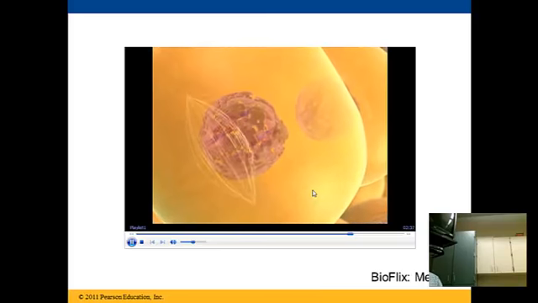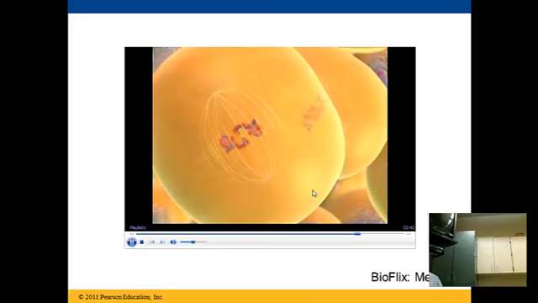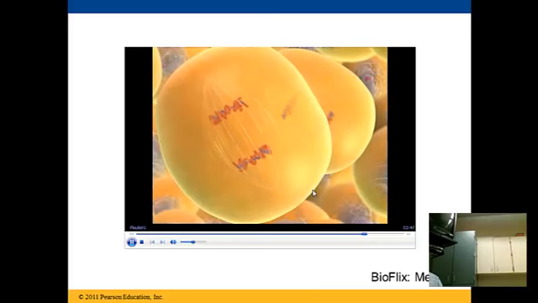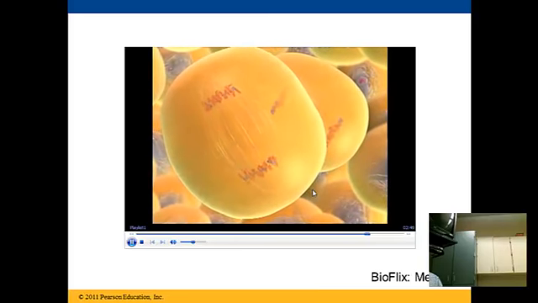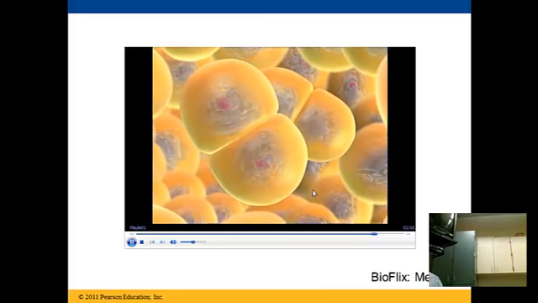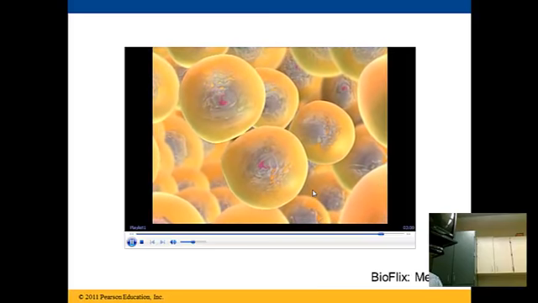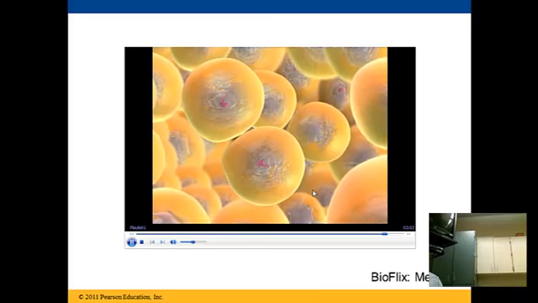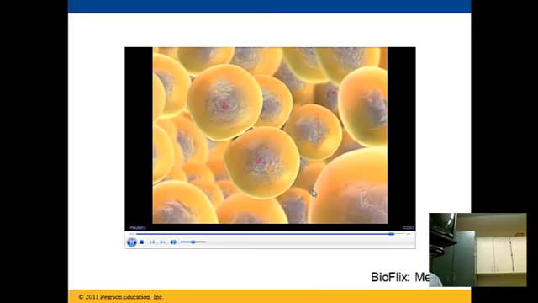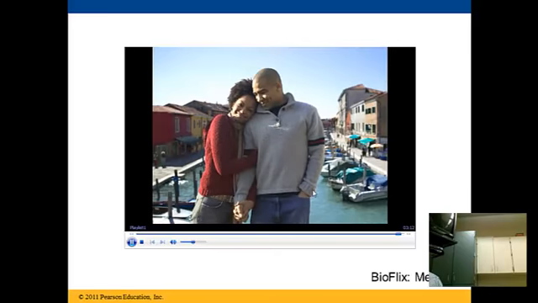In meiosis 2, microtubules from opposite poles attach to the chromosomes, which then move to the center of the cell. Next, the sister chromatids separate, becoming full-fledged chromosomes that move to opposite poles. Nuclear envelopes reform, and each daughter cell divides into two cells. We started with a single diploid cell, and now that meiosis is complete, we have four haploid cells, cells with a single set of chromosomes. These haploid cells mature into gametes that can contribute to the next generation.